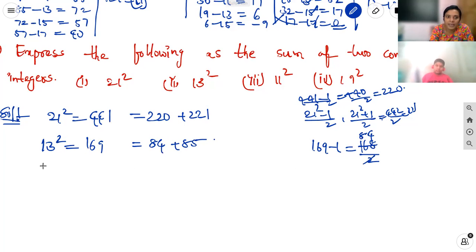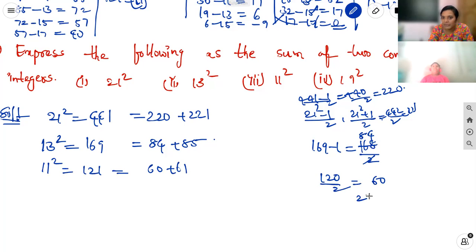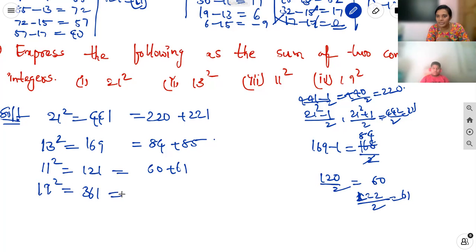Next, 11 squared is 121. That is equal to 60 plus 61: 120 by 2 is 60 and 122 by 2 is 61. Then 19 squared. What is the value of 19 squared? 361. 361 means 180 plus 181. Okay, these are the sums of consecutive integers.